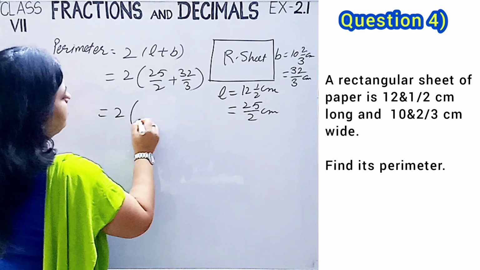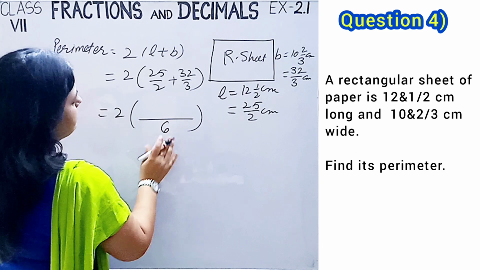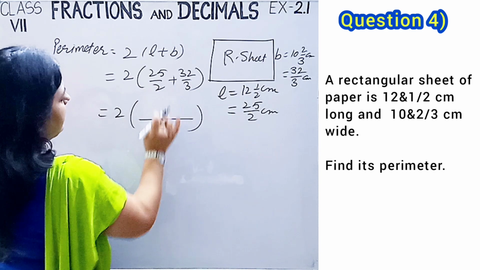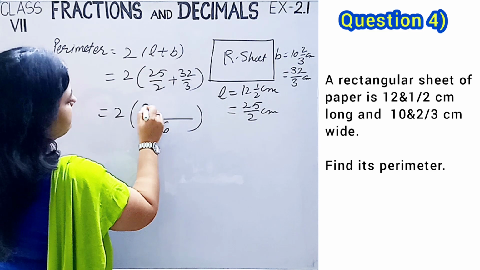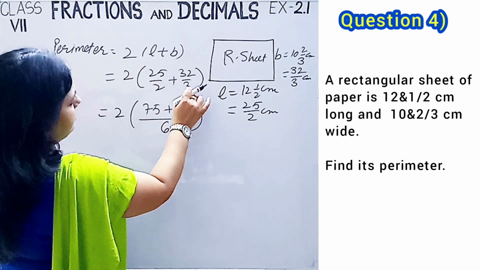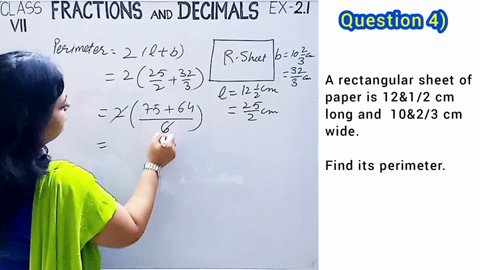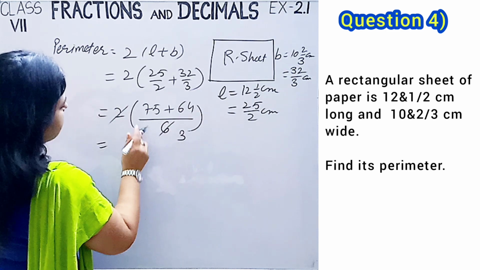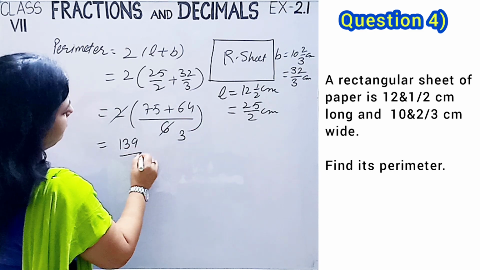2 into, we have to take the LCM of 2 and 3, which is 6. After that, we divide 6 by 2, then multiply with 25. So 75, and here we get 64. 25 plus 64, we get 139 upon 3.